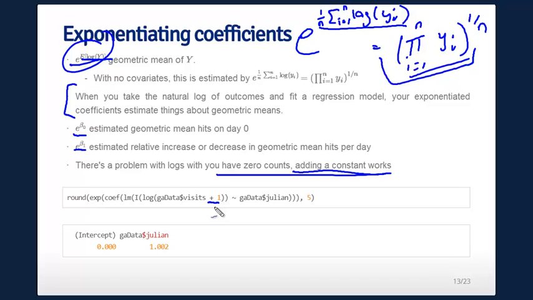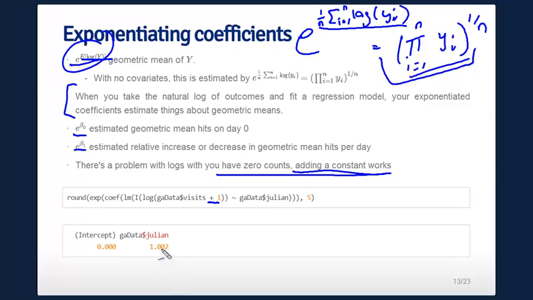The problem with that, of course, is that the interpretation is no longer the estimated relative increase or decrease in geometric mean hits per day, it's the estimated relative increase or decrease in geometric mean hits plus 1 per day. And so it messes up the interpretation a little bit, but for the time being, let's forget about that and just interpret this as if we didn't add the plus 1.